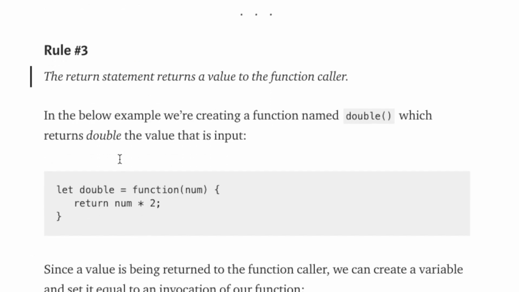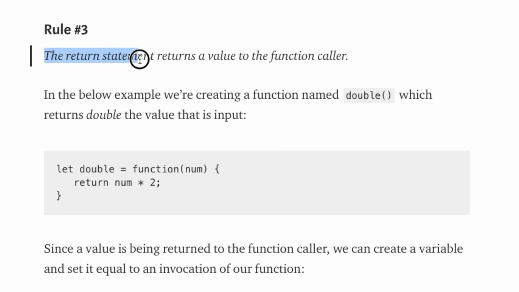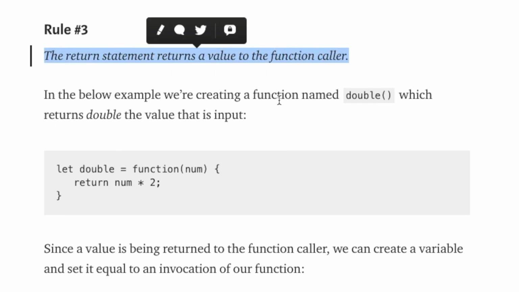Rule number 3 says return statement returns a value to the function caller. Again, it's similar to rule number 1, where by default it's returning undefined, but in this we are explicitly mentioning the value that the function shall return.